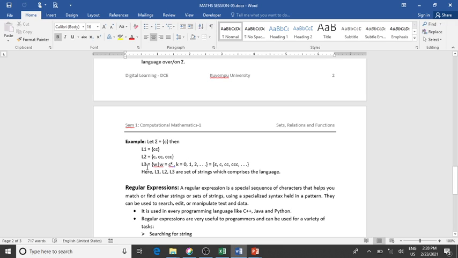Next, L3 is another type of string, a word such that W is equal to C to the power K, where K is equal to 0 to infinity. So this is equal to epsilon, that is the null string, C, CC, CCC and so on. Here L1, L2 and L3 are sets of strings which comprise a language. This is one of the applications of sets in computer science.